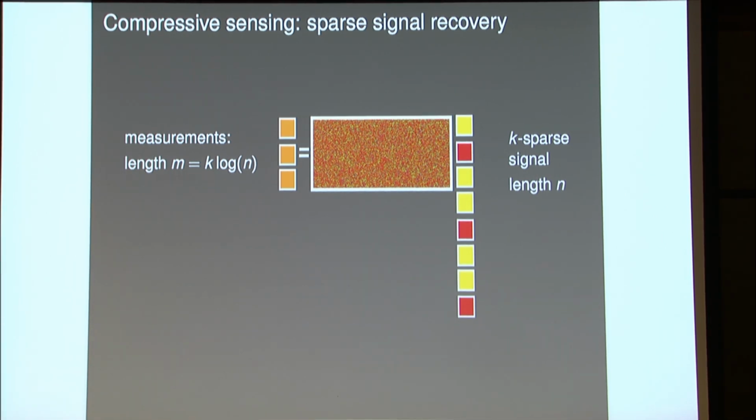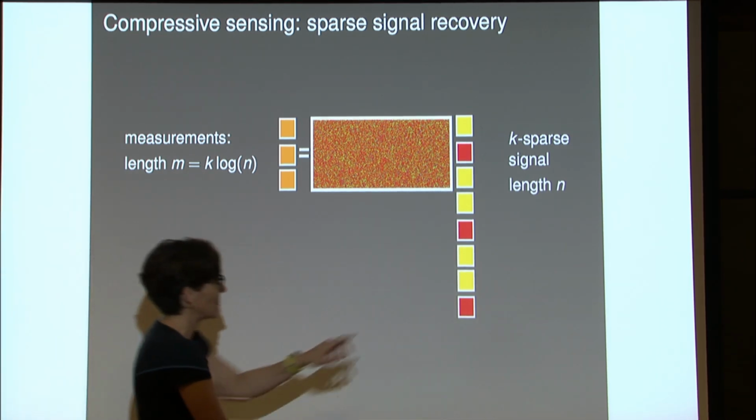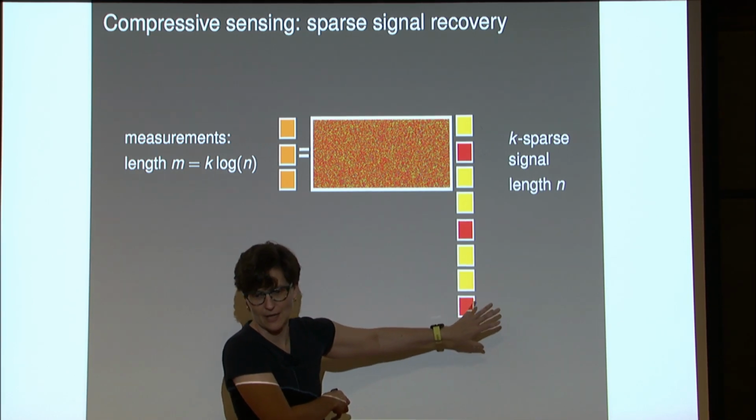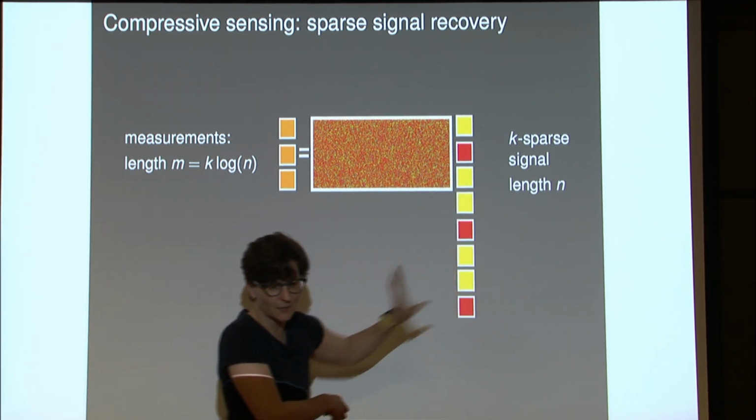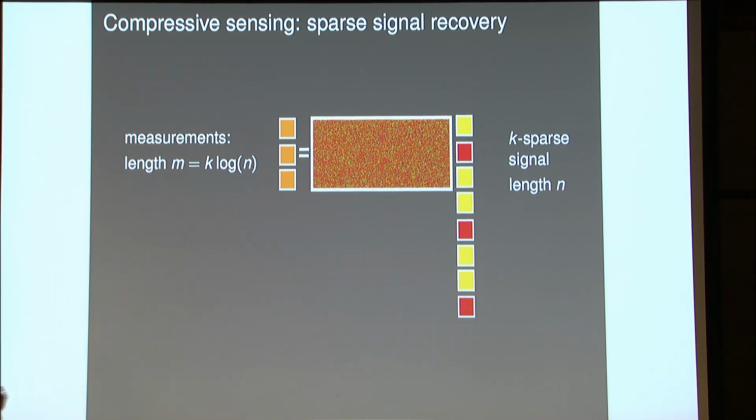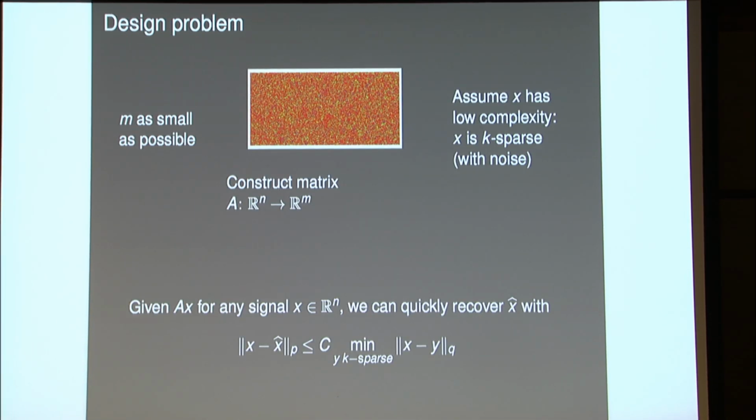Designing a matrix to take observations of a signal would be one thing. We want to do something with those measurements. In particular, we would like to recover information about the signal. Remember I said you don't have access to this signal? You can take linear measurements of it, but you don't get access to it. OK, so here is the design problem.